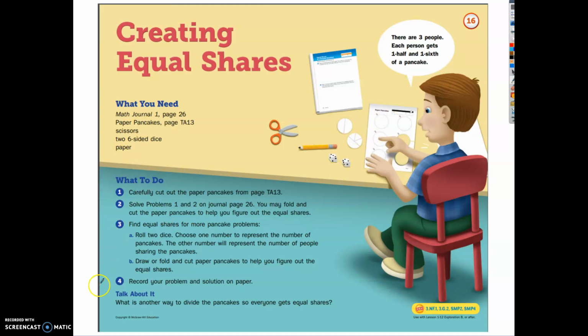And again, just follow the directions under the what to do in order to be successful in this practice activity. Now again, if for some reason you don't have your math journal at home, that's okay. We'll try to get your math journal to you, and you will be able to complete the other activities that I'm sending out.